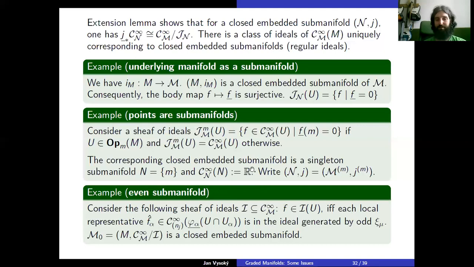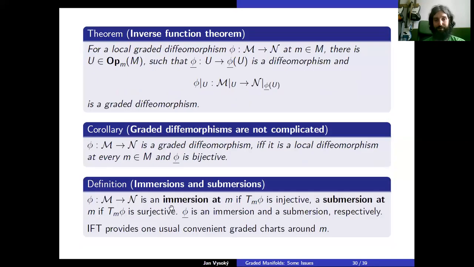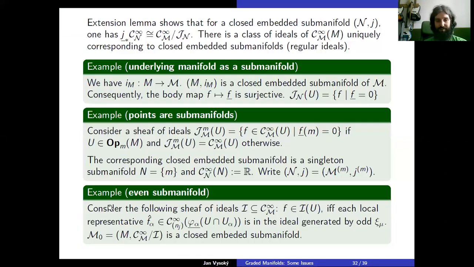So it's just the reals. And it's denoted like this. So I can view points of my underlying manifold as a trivial submanifold. And there is even another, interesting submanifold. I told you about this in the slide on the relation to supermanifolds.